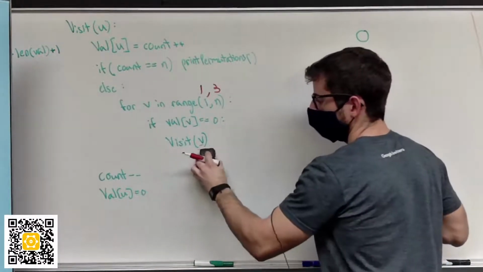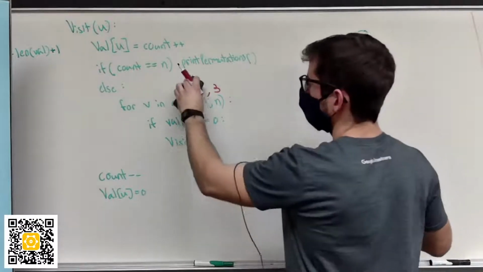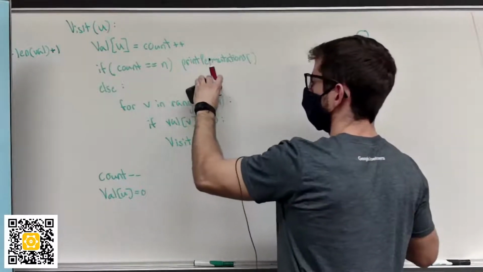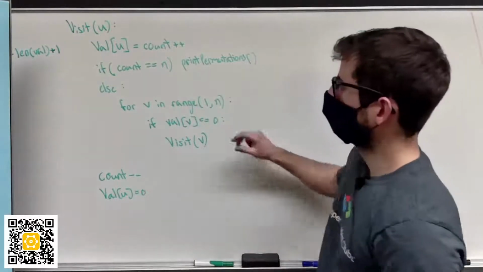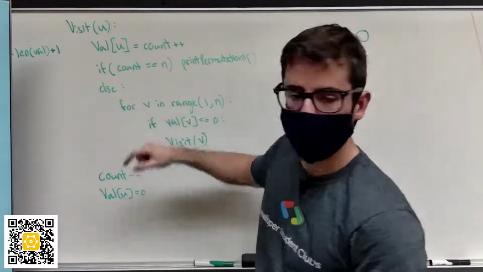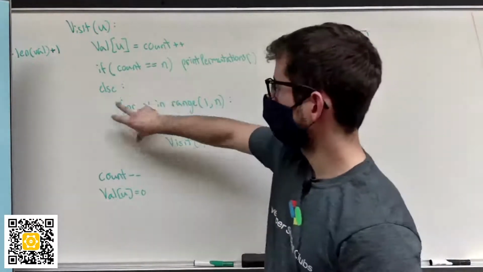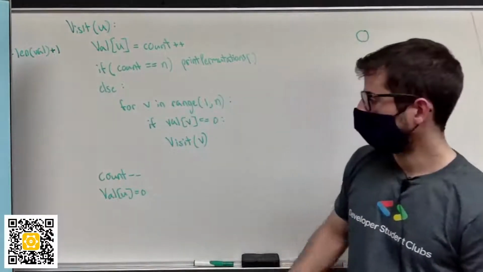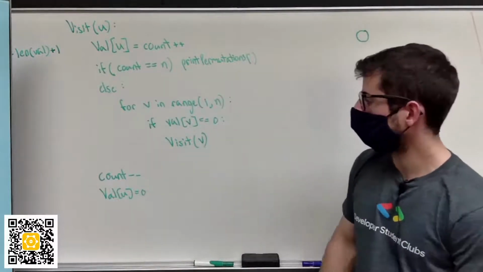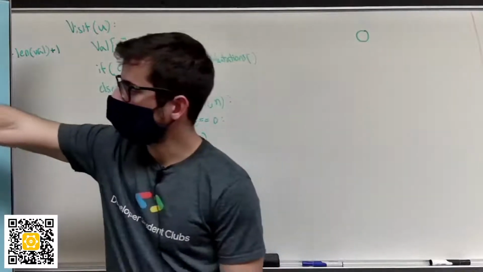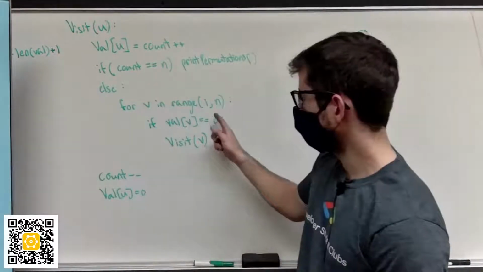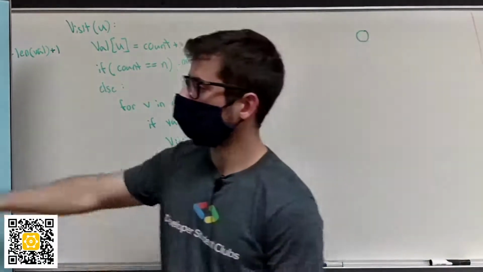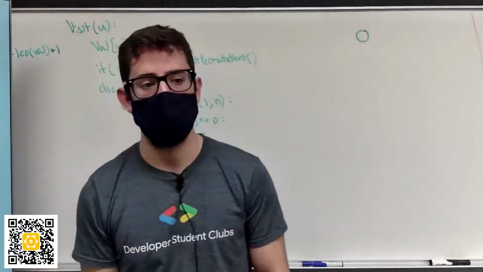So with u at 3, count is not equal to n. U is just 3. So we hit this else block. And we go from the ranges 1 to n again. At the first index, is there a 0? There is not. We try the second one. V is equal to 2. At the second index, is there a 0? There is.